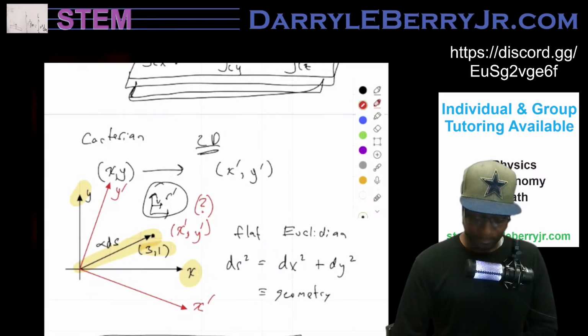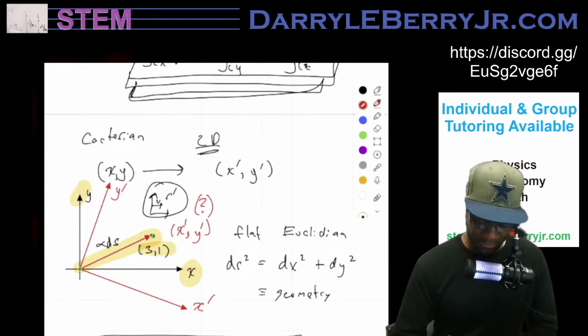But it will be something different. But we do know that the invariant length, the length of that vector, is going to be the same. All I'm doing is just writing a red line on there instead of a black line. It's going to be the same length, except now it's going to be in terms of x prime and y prime. That's going to be invariant.